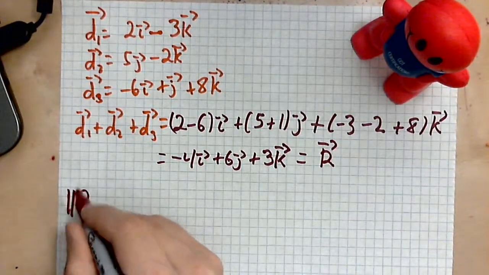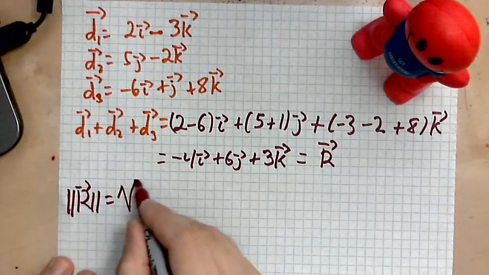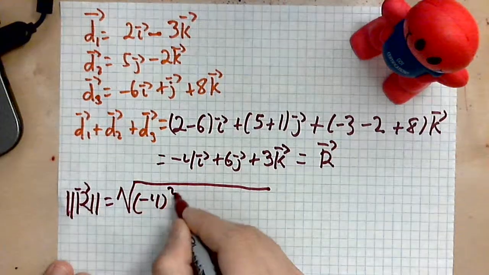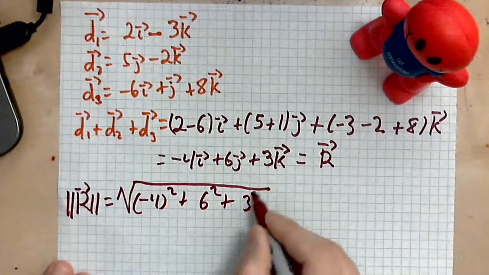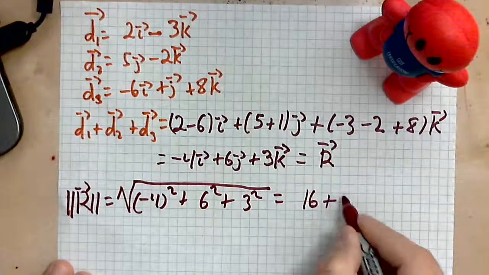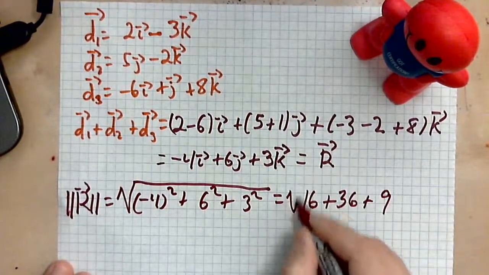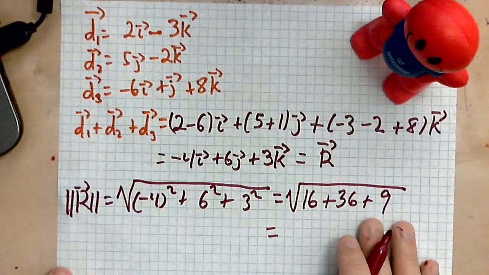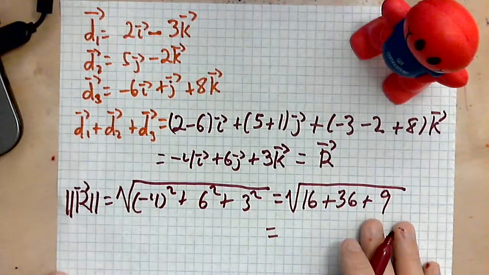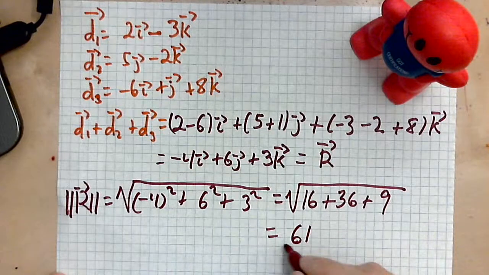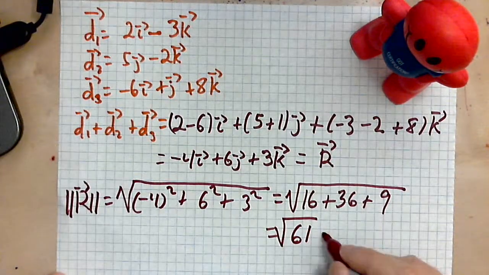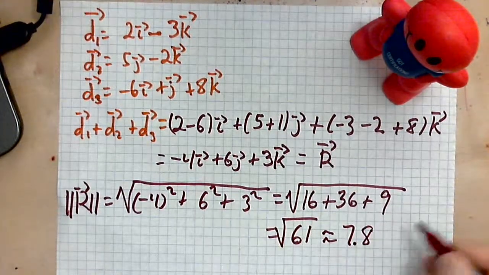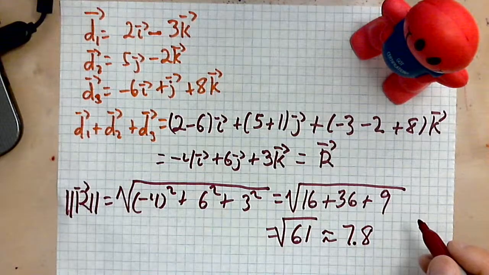Okay, so R is, and you apply the Pythagorean theorem, so big square root symbols I've drawn here, negative 4 squared, plus 6 squared, plus 3 squared, all of this now gives 16 plus 36 plus 9, which when you add on your calculator, you find that they equal 61. And then the square root of 61 is roughly 7.8.